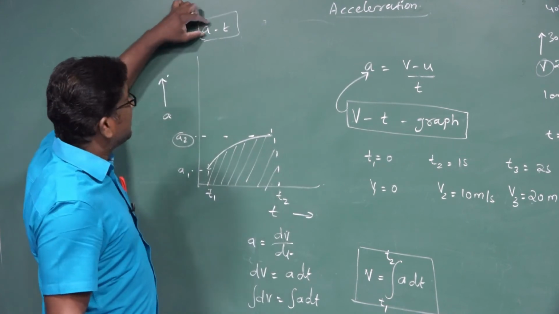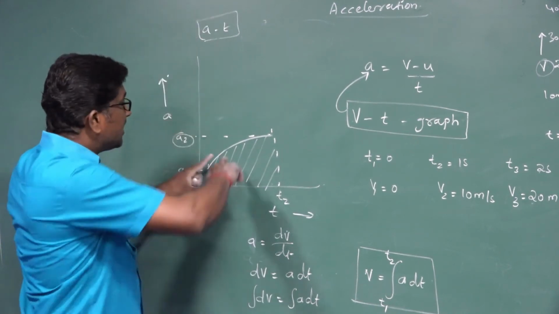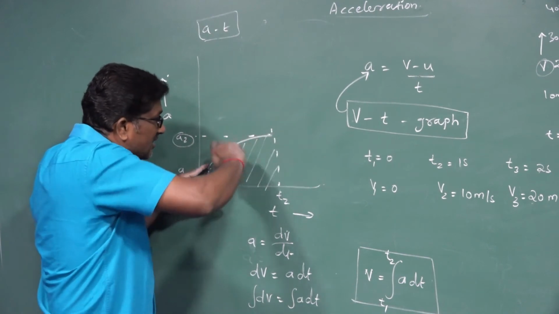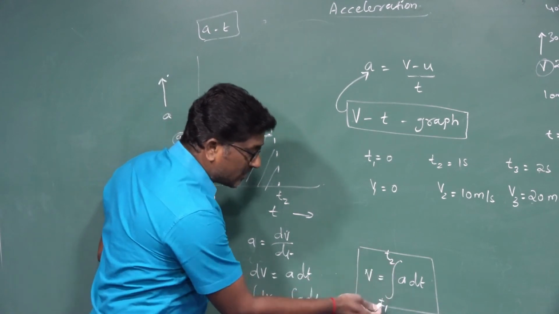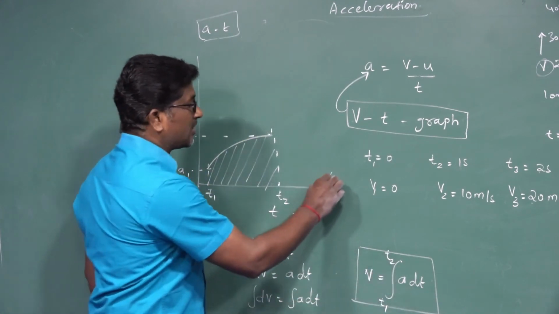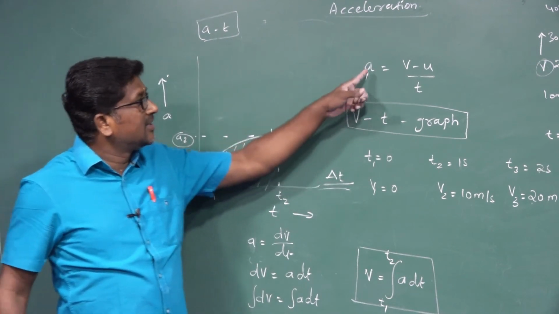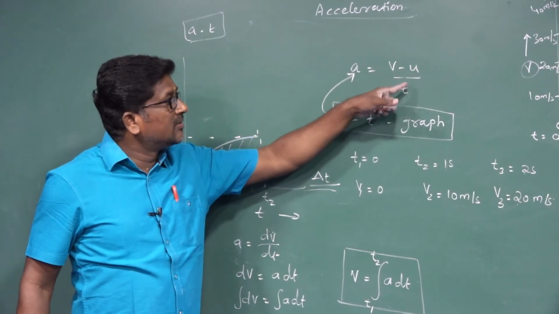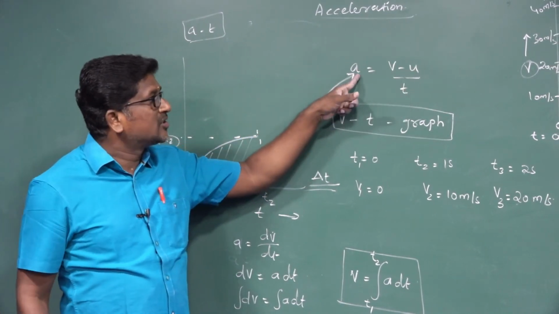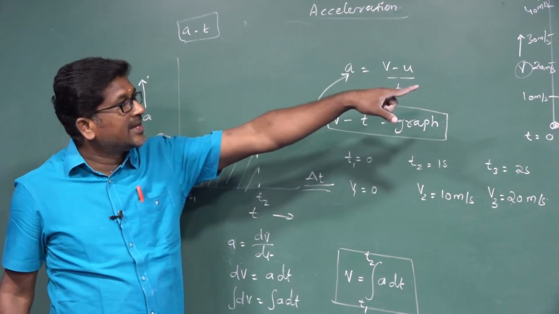So, from the acceleration time graph, measuring the area under the curve gives the velocity of the particle over the time interval t2 minus t1, or over the time interval del t. So, the acceleration of the particle can be determined if you know final velocity, initial velocity and time. And acceleration can also be measured from the velocity time graph by taking slope.